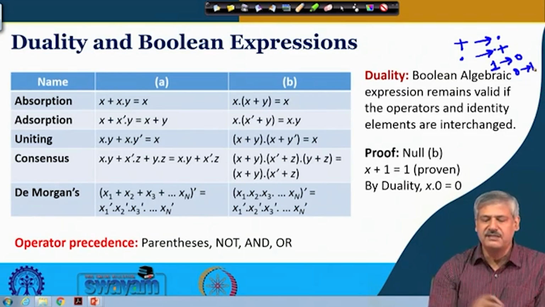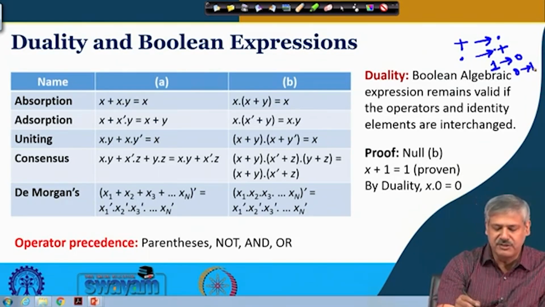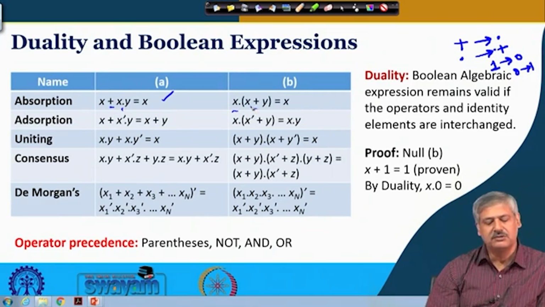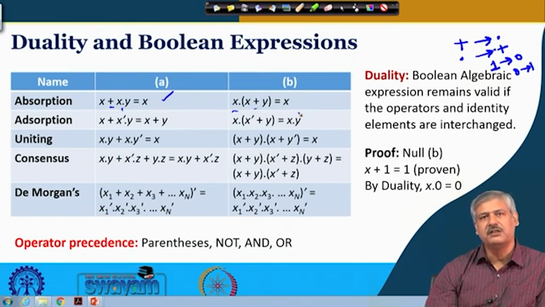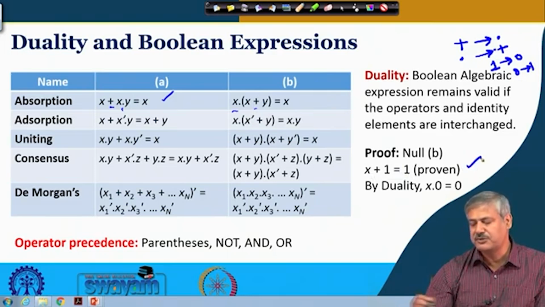And if you compare the left hand side and right hand side of the two tables that we have seen so far, it is talking about that. I take this example, say the first one over here. So this OR is replaced with AND here, AND is replaced with OR, and it is fine. Whatever resulting expression identity you get is also valid. So earlier we have seen for null 1, x plus 1 is equal to 1, from the basic postulates.